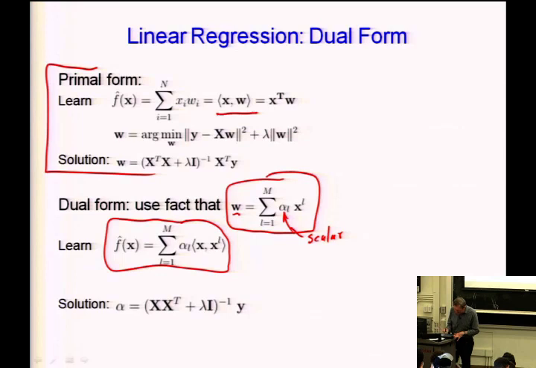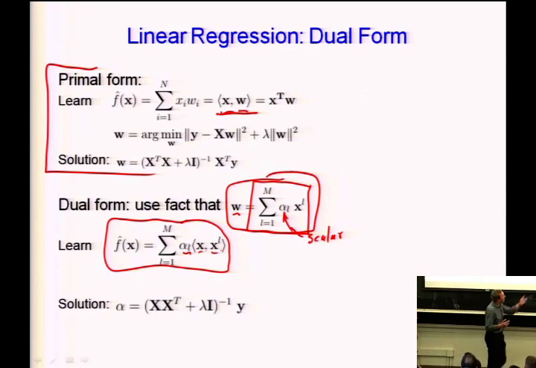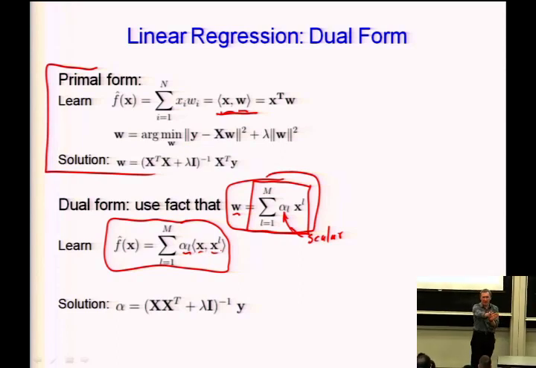Instead of saying we're going to take the dot product of x with w, we'll take the dot product of x with this sum. And because alpha is just a constant, we can pull it outside the dot product. So the dot product of x with w is the same as the sum over the training examples of the dot product of x with the l-th training example, weighted by alpha_l, which is its coefficient along that direction.